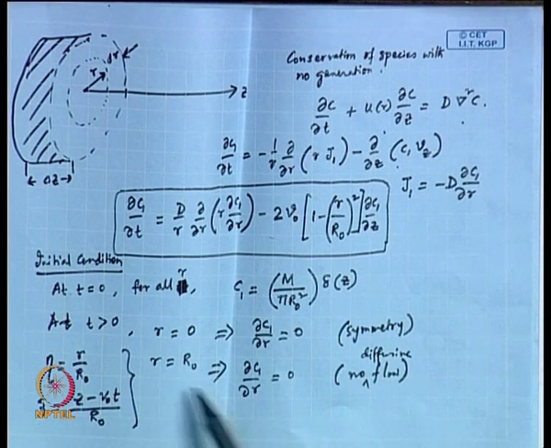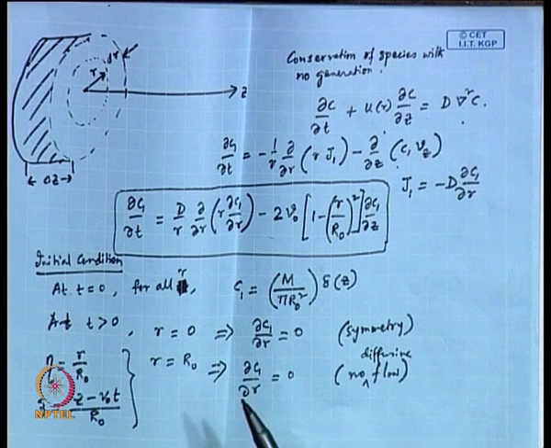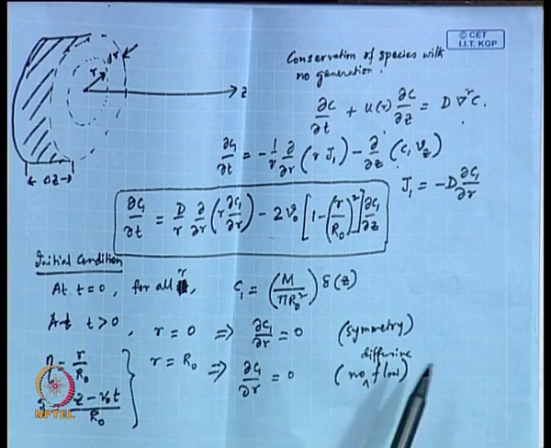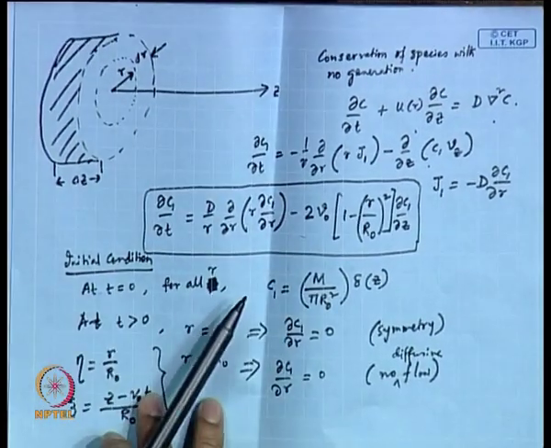That means at the wall there isn't any diffusion taking place. At r equal to 0, whatever profile you have has symmetry along the central axis, so that has to be honored. These are the boundary conditions for all t greater than 0.